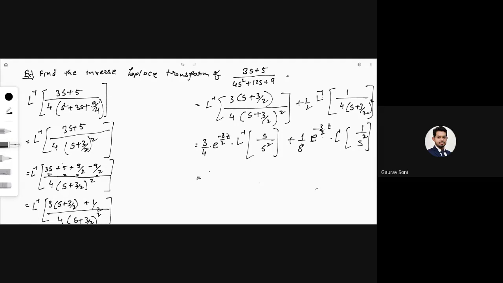So this is 3 e to the power minus 3t by 2 by 4. The 1s will get cancelled out. Laplace inverse of 1 upon s is 1, plus 1 by 8 e to the power minus 3t by 2. Laplace inverse of 1 upon s square, so t raised to 2 minus 1 upon gamma of 2, which is 1.